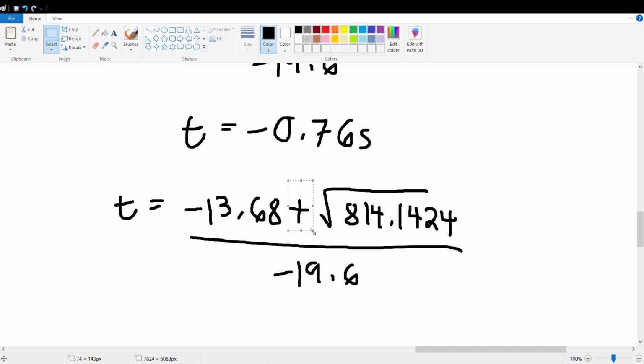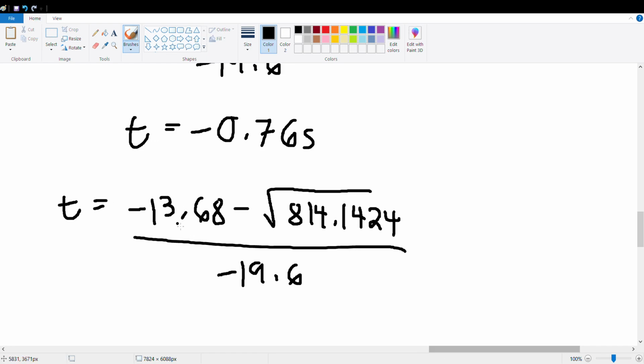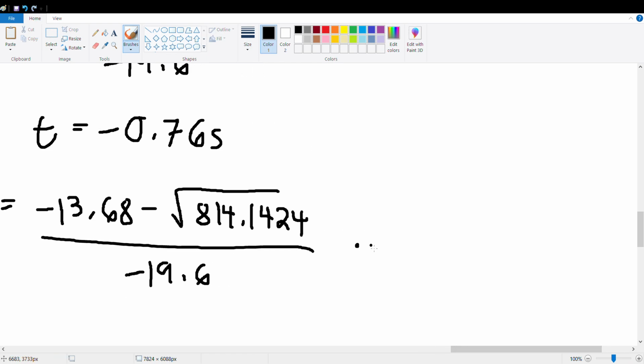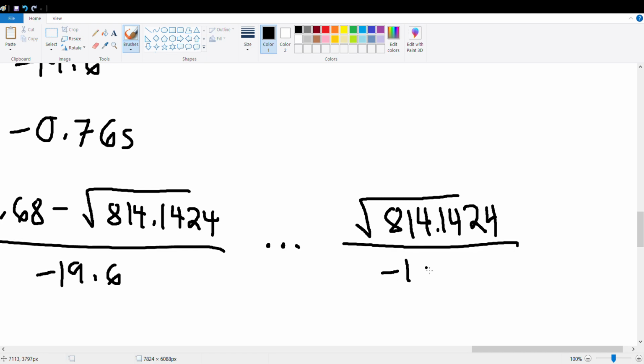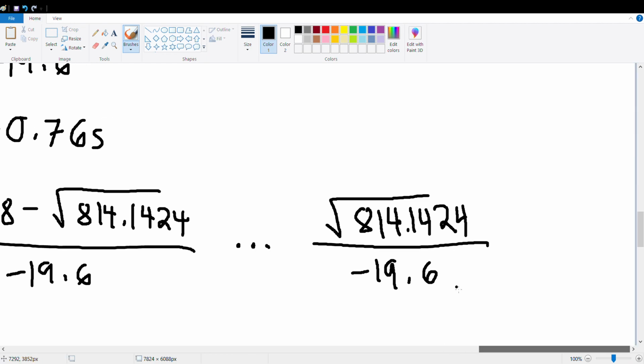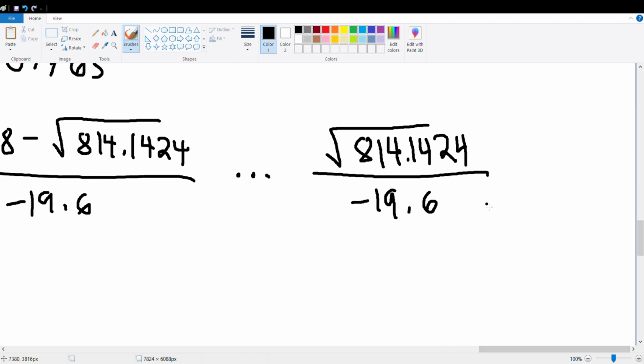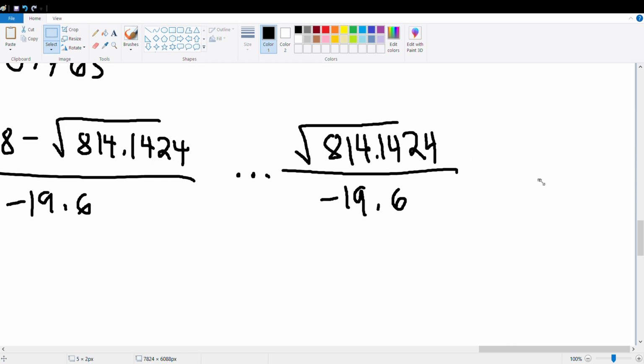Okay, so let me expound what I just did on the first number. So let's do this first here. So 814.1424 over 19.6 here is equivalent to, let me put that also in a calculator.